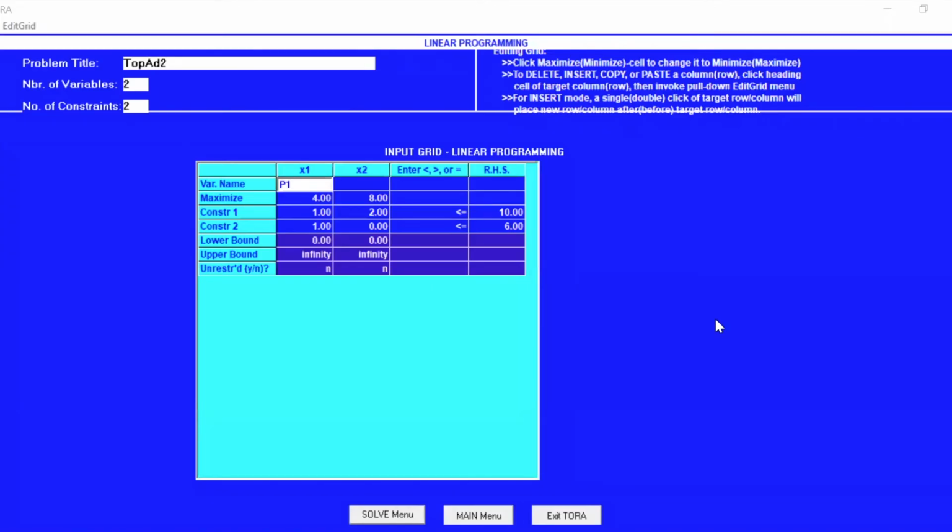Plugging this into Torah, we still have the two variables, but three constraints because we've added the constraint for exposure. This is going to be P2, and now we need to minimize it. Let me plug all those values in and see what we get.